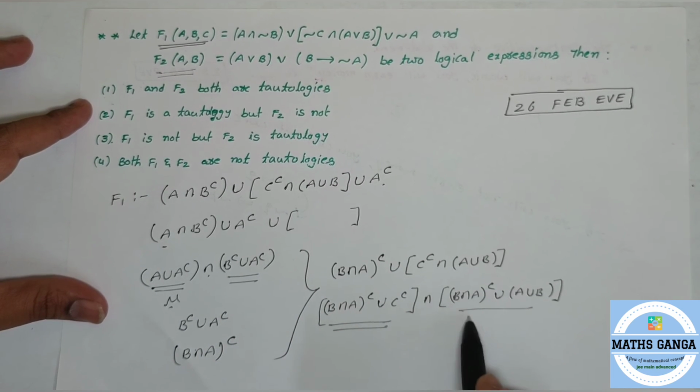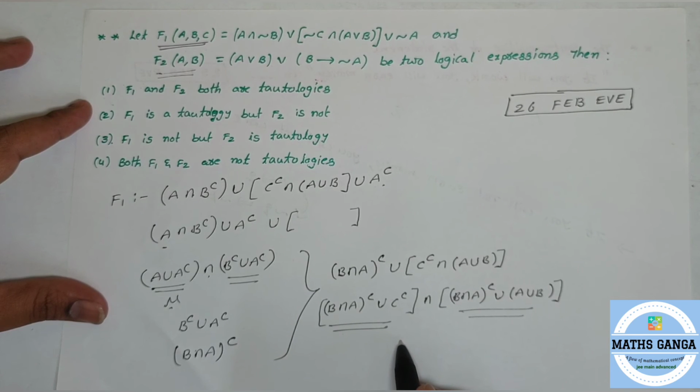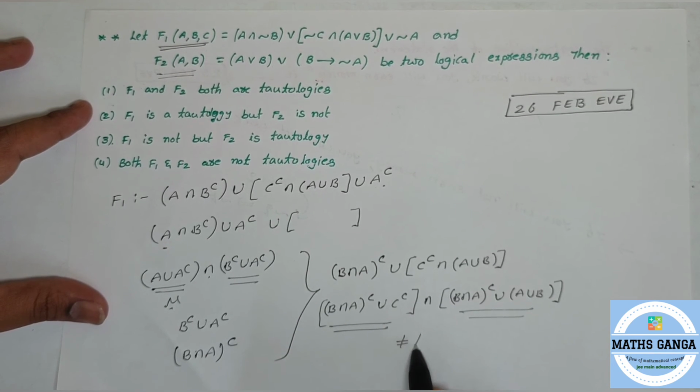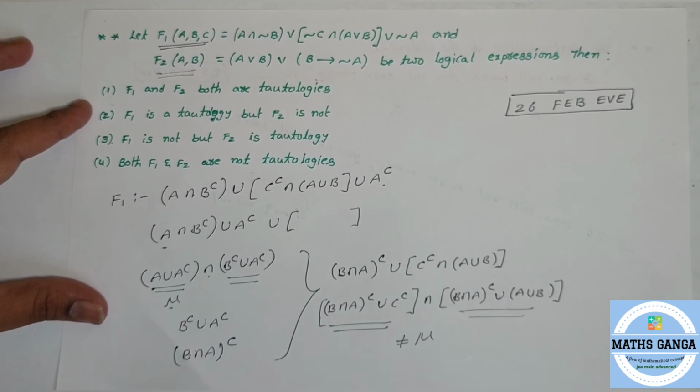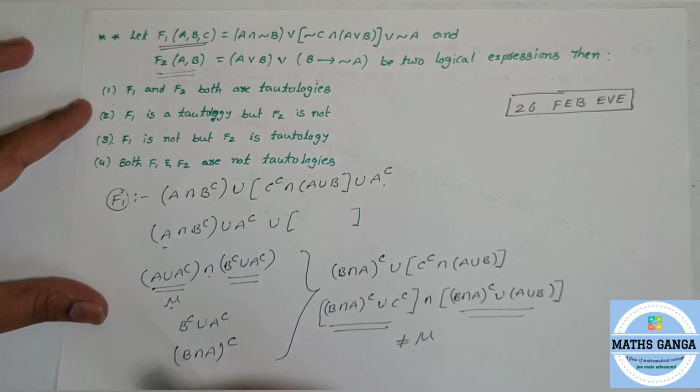There is no way to make it the universal set by using the laws of sets. So this is not equal to the universal set. That means the given statement is not a tautology. So F1 is not a tautology.